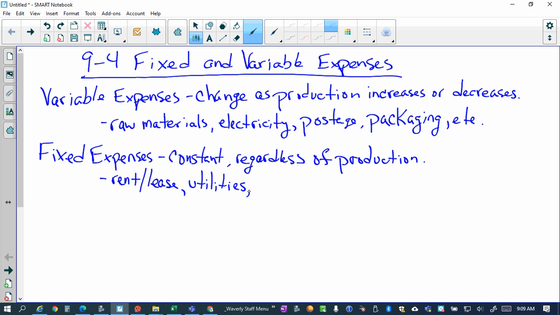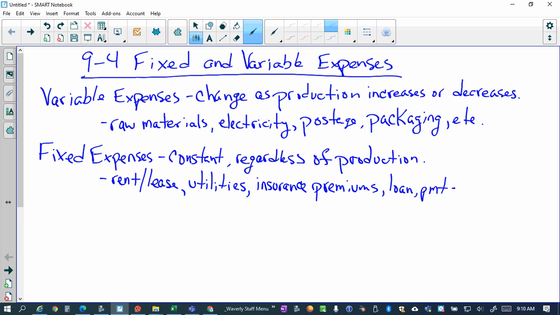You've got to have that. That doesn't change, right? So insurance premiums maybe. Loan payments, yeah. Maybe they do own the place, but it's mortgaged out, right? So loan payments, that kind of stuff.